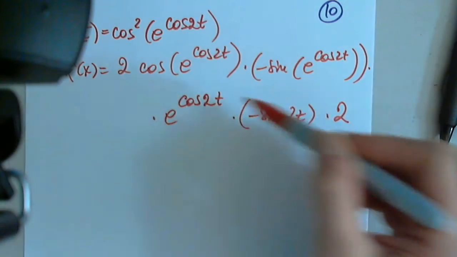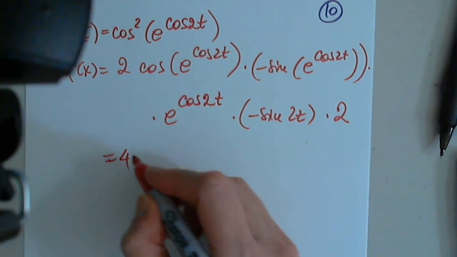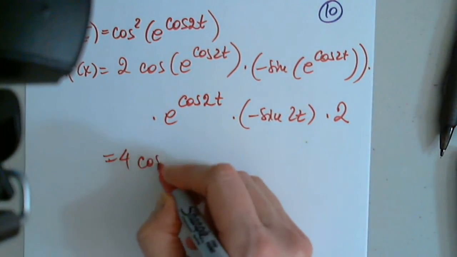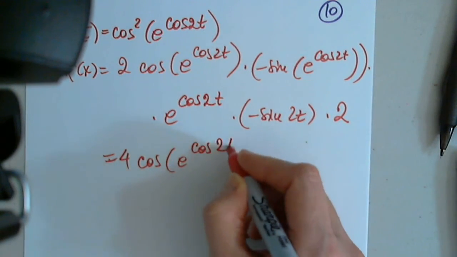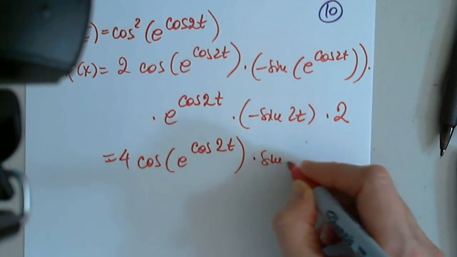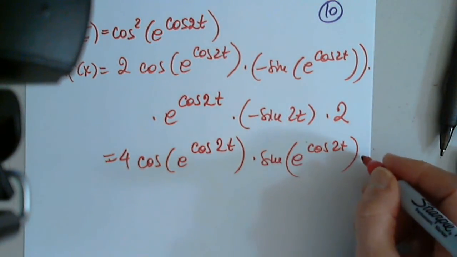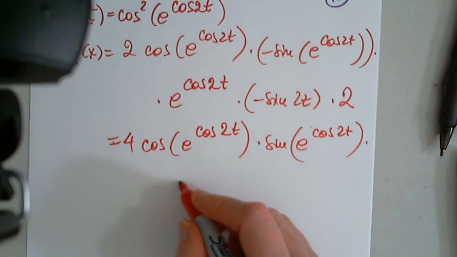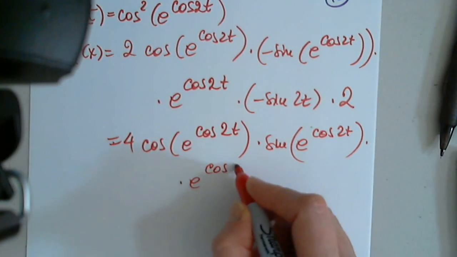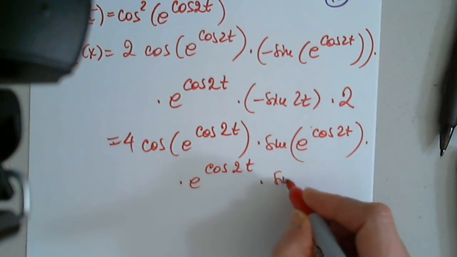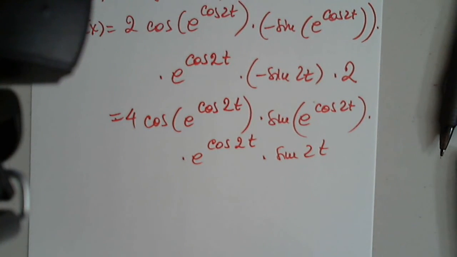So there are 2 negatives and 2 2's, so I have 4, and then the rest: cosine e to the cosine 2t times sine e to the cosine 2t, and no one is surprised that I ran out of room, times e to the cosine 2t times sine 2t. Thank you.